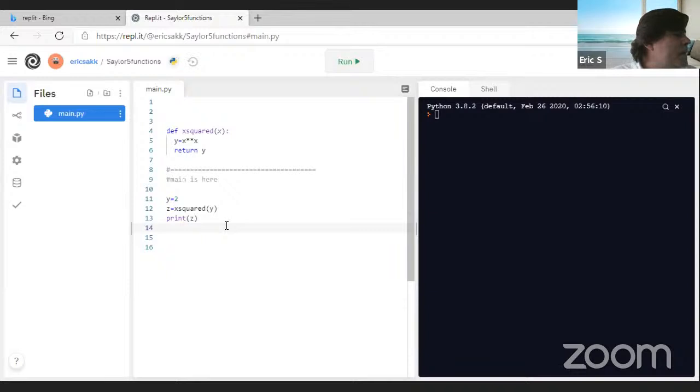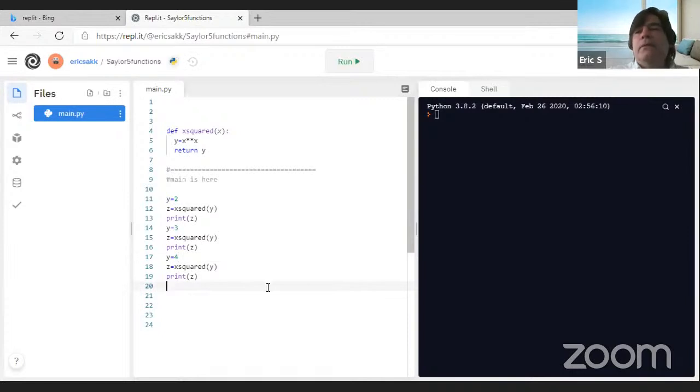But the whole point of writing the function is that it can be called again and again and again. Maybe this time I'll do it with y equal to 3, or maybe I'll do it with y equal to 4. So the idea is that you're planning on using the function over and over again, and really what you've done is created your own personal command. Basically, you've created a new Python instruction, and that's powerful.